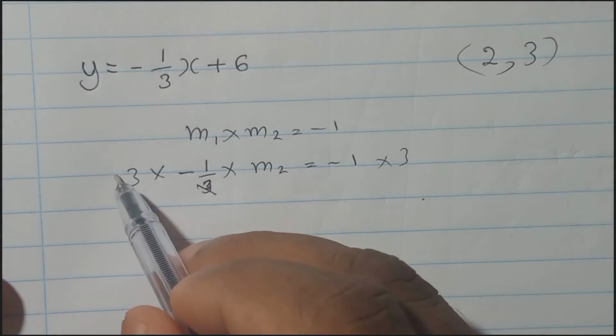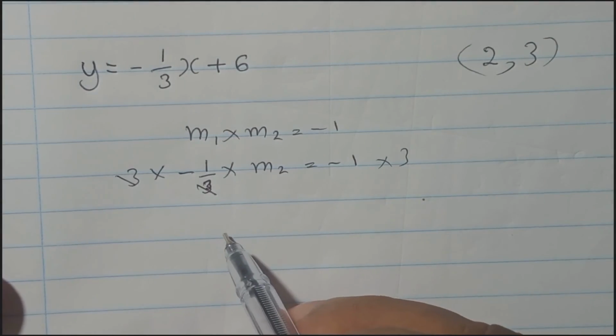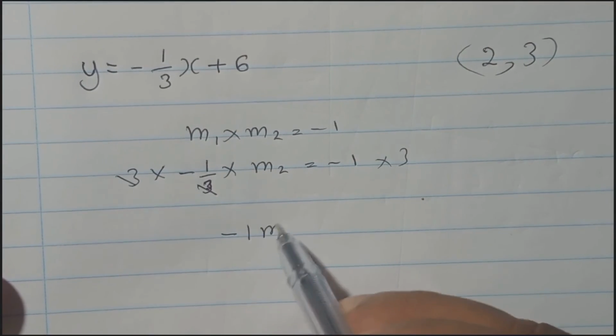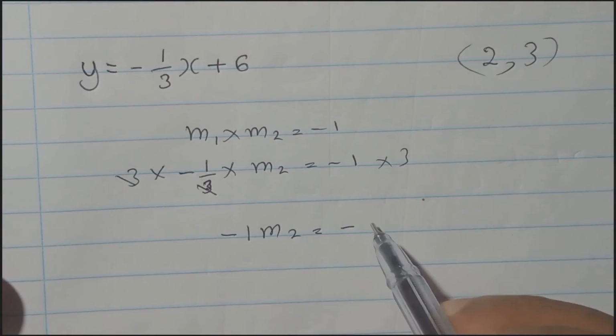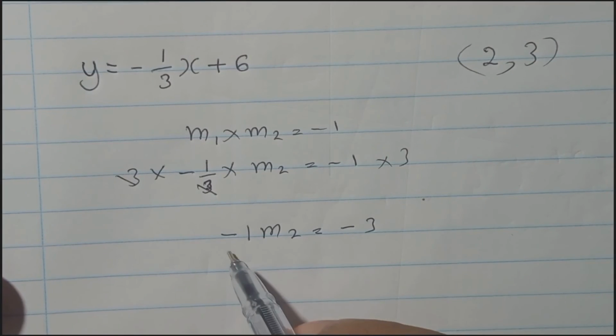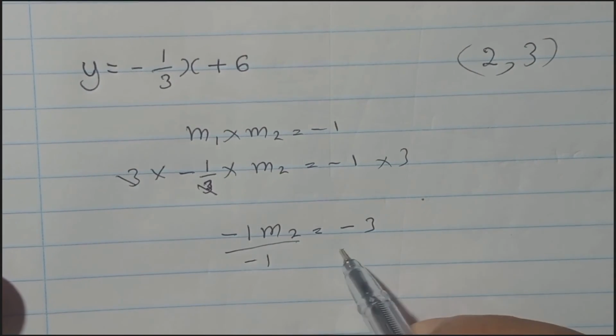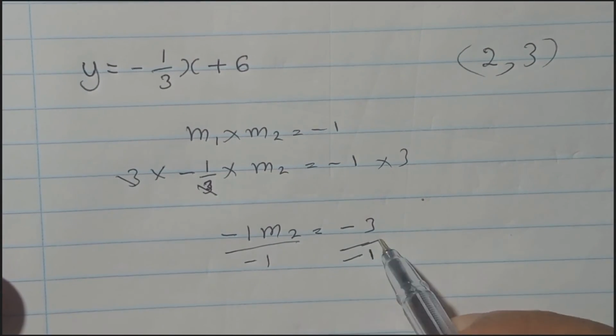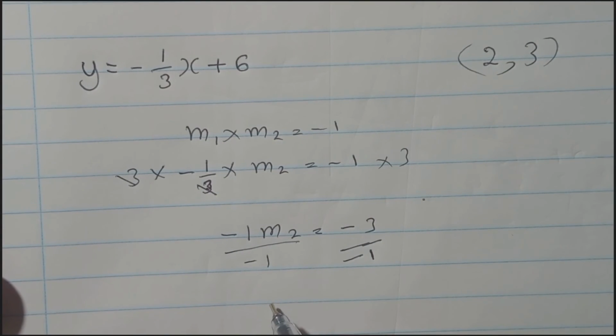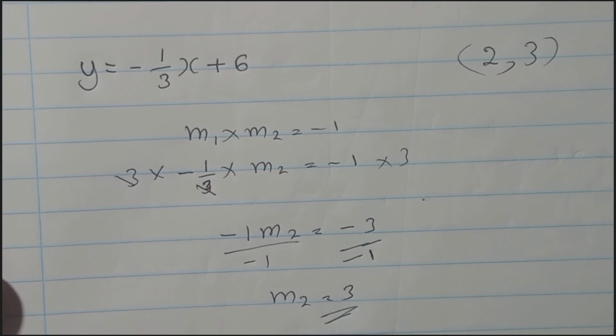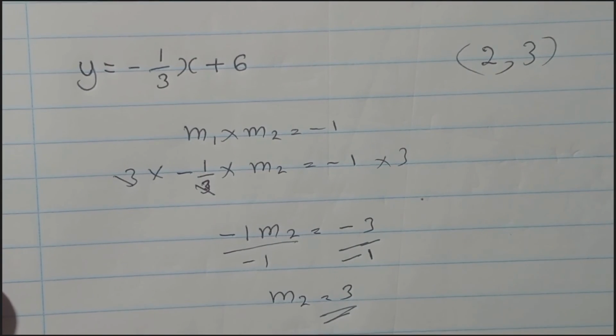Then this 3 and this 3 cut. Here will be minus 1 times m2 equals minus 3. Then divide both sides by minus 1. Then m2 will be equal to plus 3. Now we know the gradient of line S.